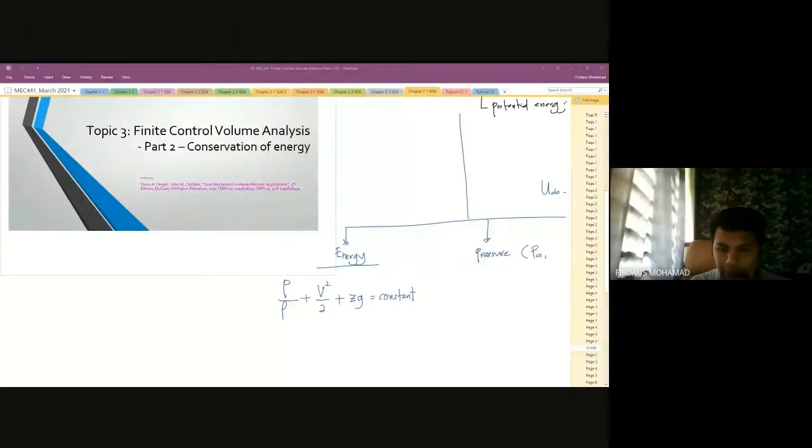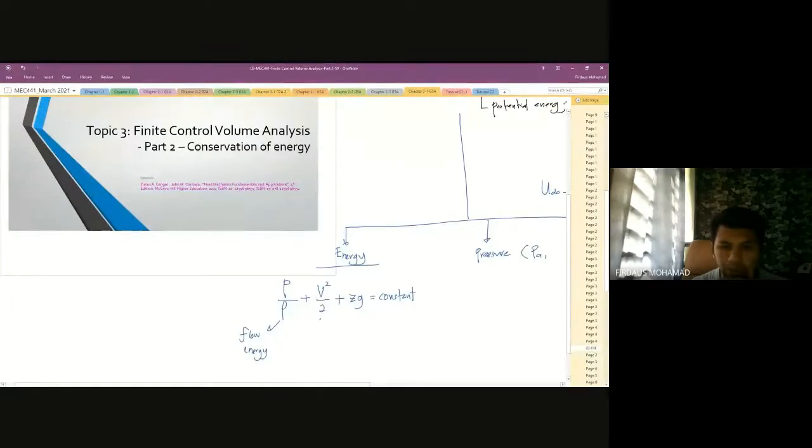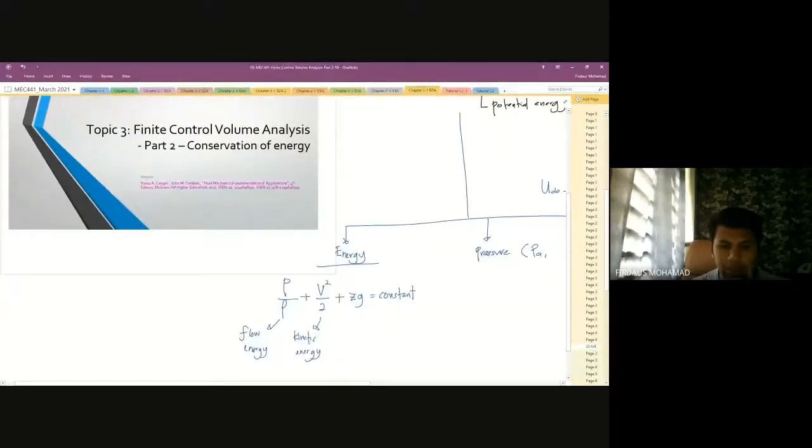Okay, dah nampak screen? Boleh. Nampak sir. Okay, so this is apa dia? P over rho saya cakap dia flow energy. V squared over 2. Yang ni kita panggil apa dia? Kinetic energy. Okay, so maknanya energy due to the velocity of the fluid flow.